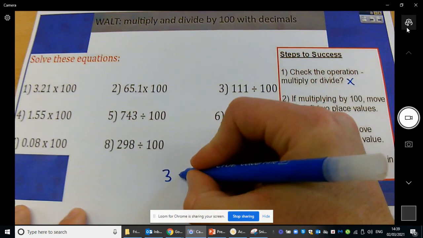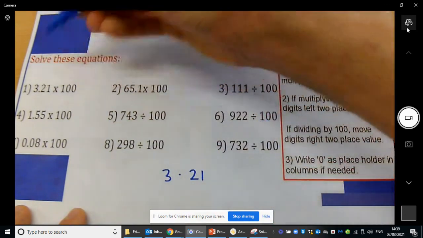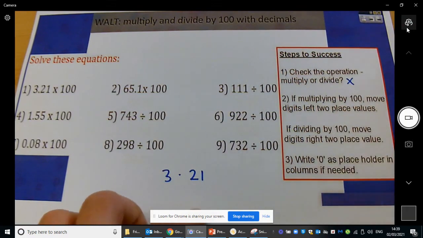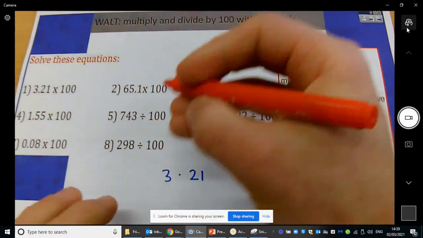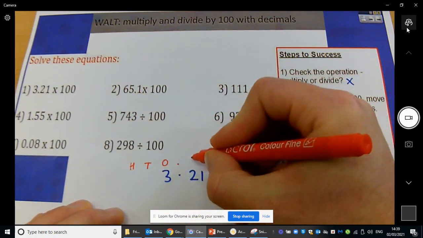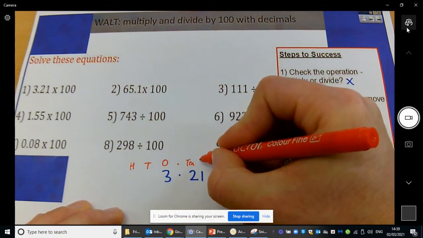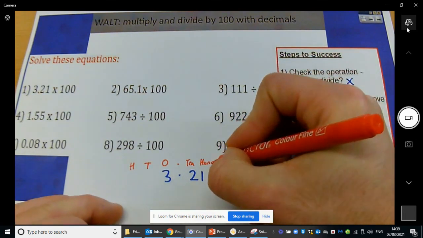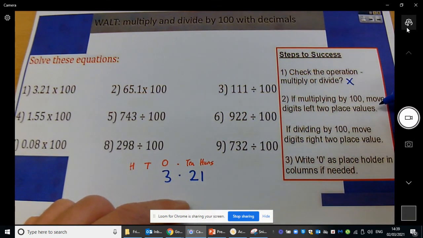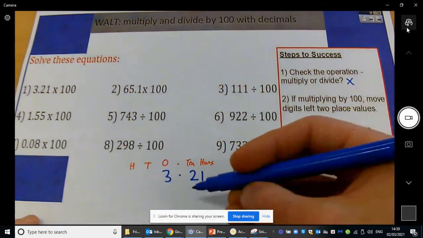So if we have 3.21, which is what we've got up here, we need to move it left 2 place values. So our hundreds, our tens, our ones, our tenths, and our hundredths. So move it left 2 place values.